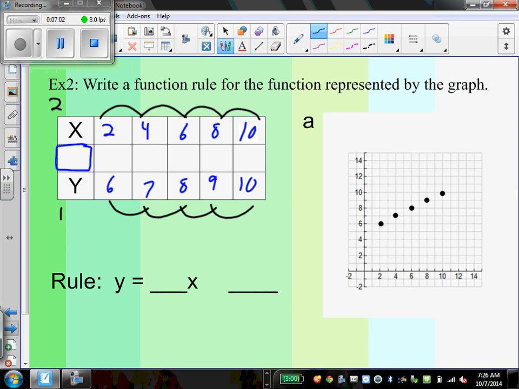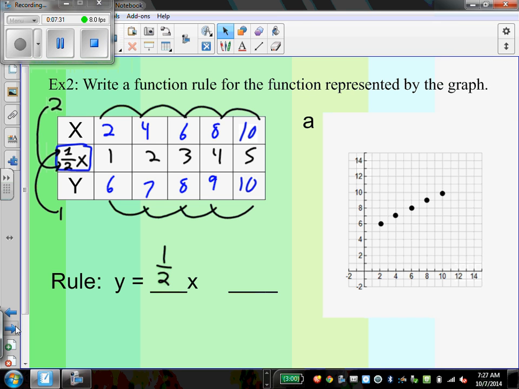Remember that the 1 is going to become the numerator here, and the 2 is going to become the denominator here. So kind of like last time, we're multiplying x by 1/2. That goes in our rule as well. So we take 1/2 of the x values, and we get 1, 2, 3, 4, and 5. 1/2 of 2 is 1, 1/2 of 4 is 2, so on and so forth.